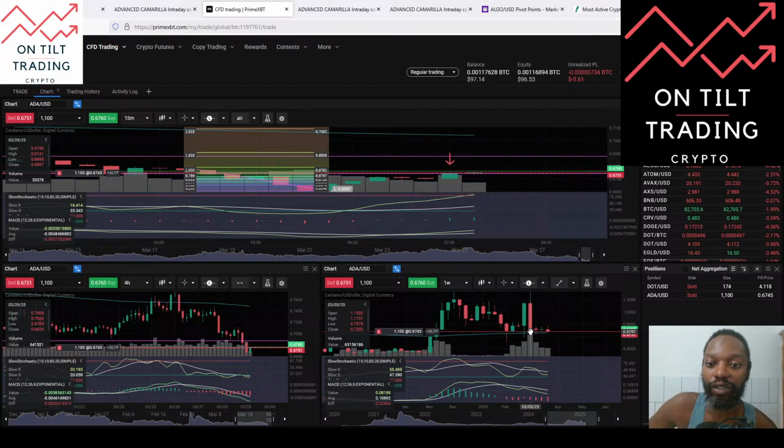It's a little too close for me not to attempt the position, but it's not necessarily ideal, but it's worth a look. And we can see here on the 4 hour, this looks like a pullback to me, this particular candle right here.